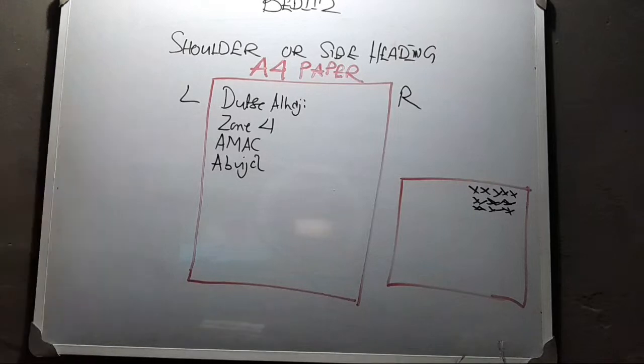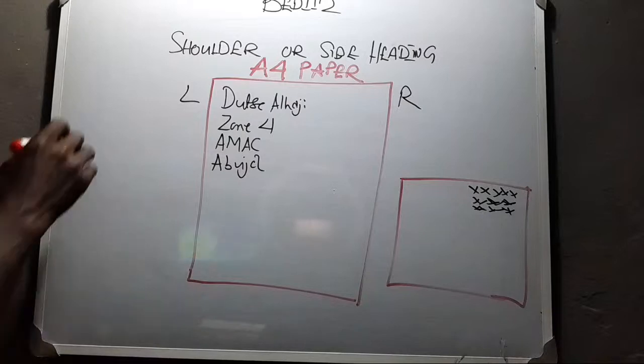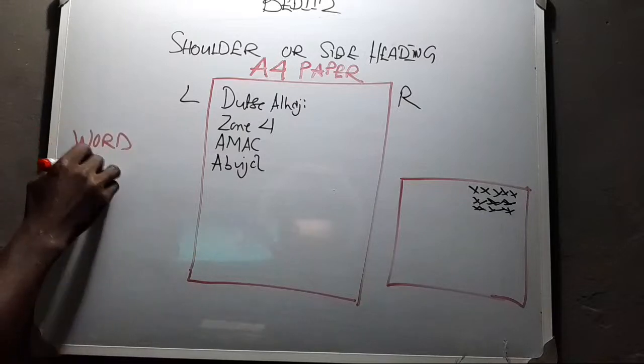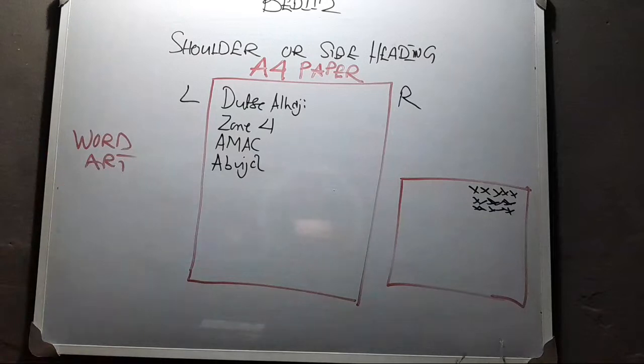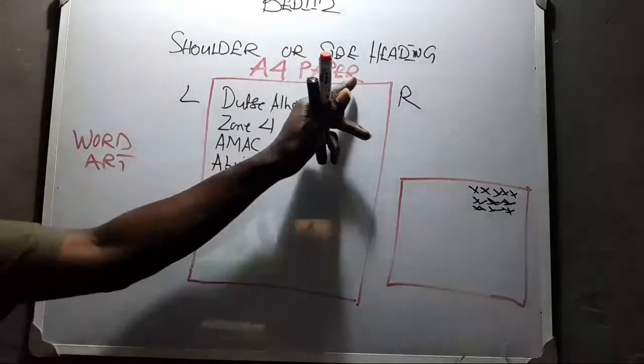So we have that. Also, when you are doing a CV, like the words curriculum vitae, according to what we have in the material, it is better to use WordArt. WordArt is one feature you have in your Microsoft Word where you can change what your heading looks like.